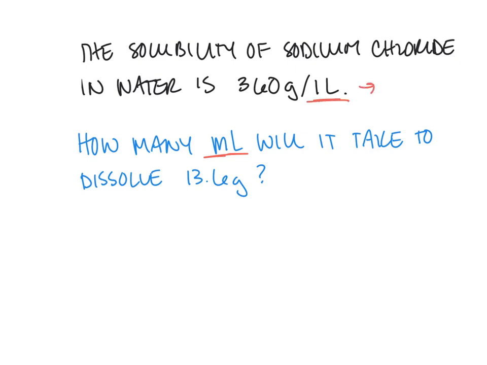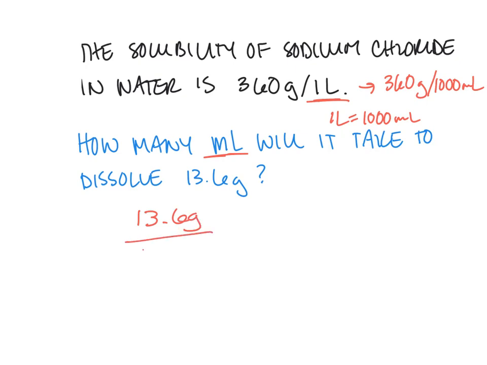So I'm going to rewrite this as 360 grams in 1,000 milliliters. Again, I can do that because 1 liter is the same as 1,000 milliliters. And in this case, I know my grams, so I have 13.6 grams per X milliliters. And then I have 360 grams per 1,000 milliliters.